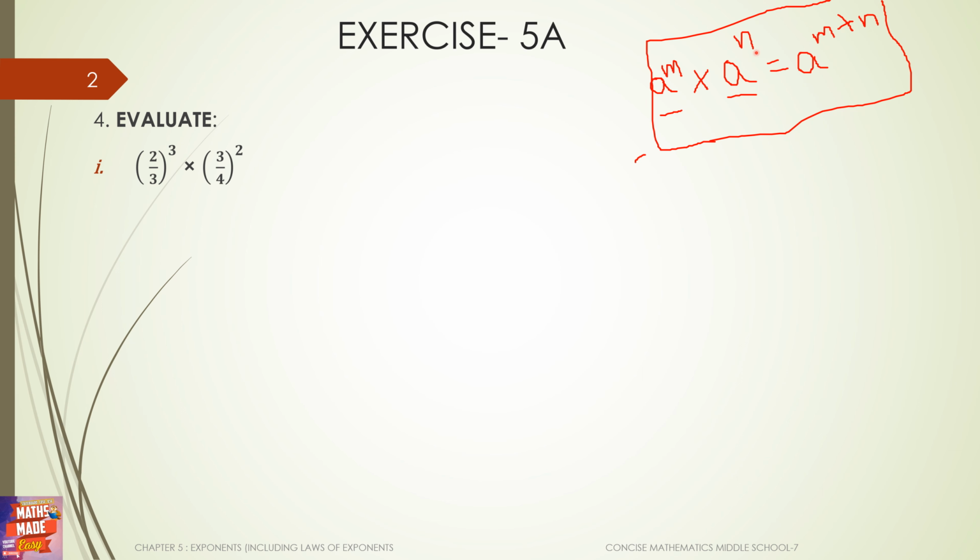Now, since we are not going to apply a formula, how many times is this base, 2/3, repeated? It is repeated 3 times. So just write down 2/3 three times, and 3/4 two times. Now, numerator and denominator get cancelled. That is 3 ones are 3, 3 ones are 3, and again 3 ones are 3, 3 ones are 3.